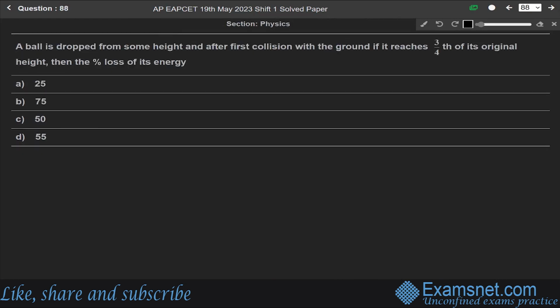Now next question 88. A ball is dropped from some height and after first collision with the ground, if it reaches 3 by 4th of its original height, then the percentage loss of its energy. Again, this question is from the chapter of work, energy and power. We have to find the percentage loss of its energy.